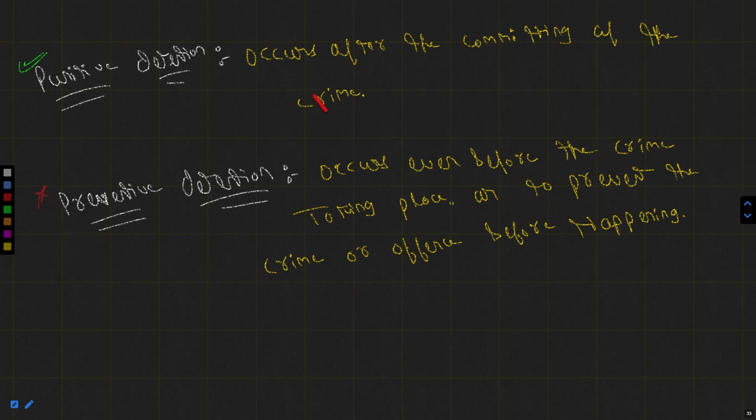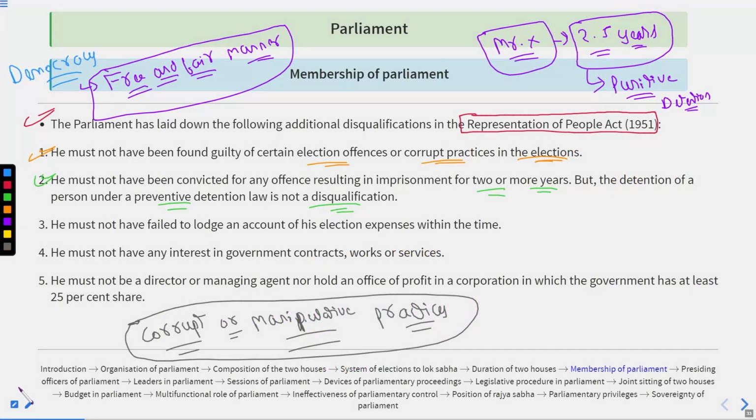Because in punitive detention, the person has committed a crime, but in preventive detention, the person has not committed any crime or offense. So if the person was under preventive detention for more than 2 years, the person will not be disqualified.